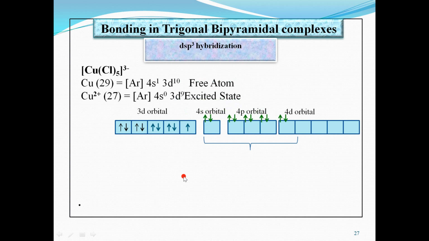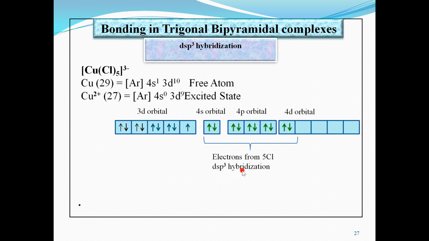So we fill the 5 electron pairs into these vacant orbitals of copper. One pair in the 4s orbital, another in 4p, and 3 pairs actually, and 4d having 1 pair, and it undergoes what type of hybridization.